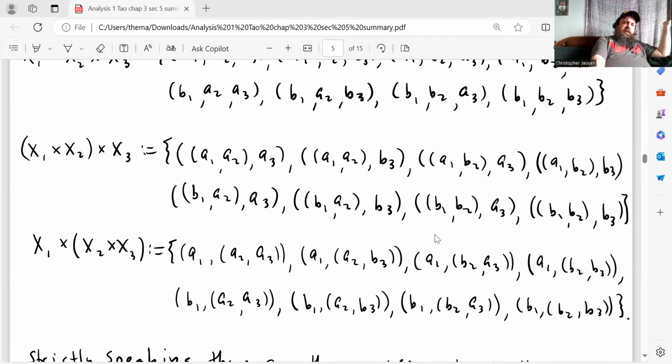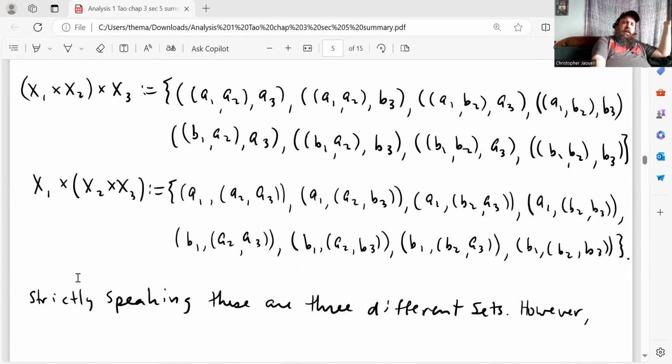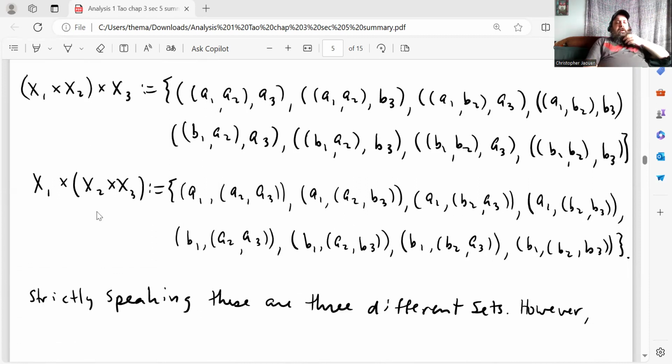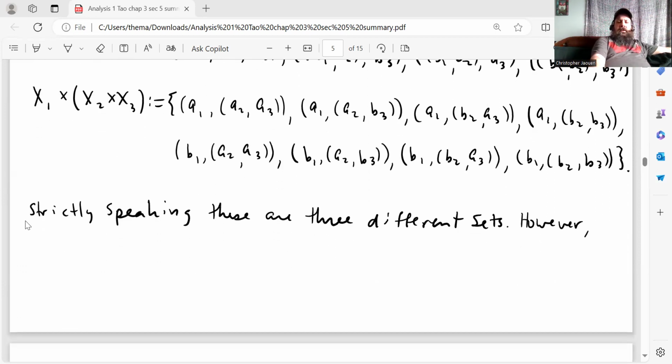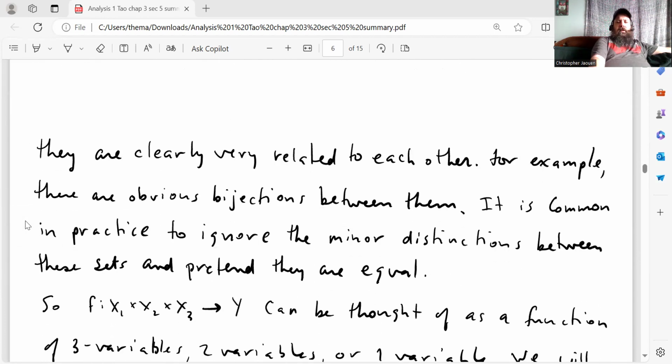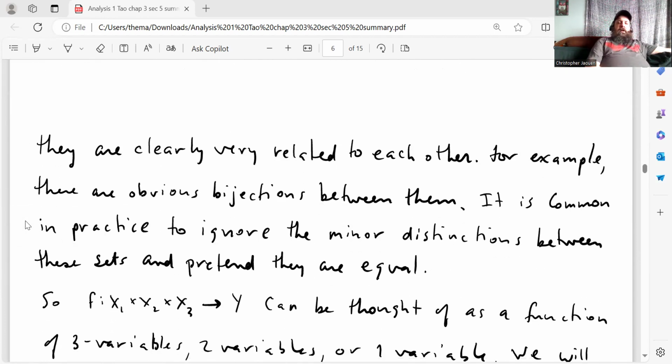We could also take the Cartesian product of X2 and X3 first, and then the Cartesian product of X1 with that, and you get this set of two-tuples, which again you could think of as three-tuples as well. He says right after the example that, strictly speaking, these are three different sets. However, they're clearly very related to each other. For example, there are obvious bijections between them, and this gives a hint as to how we could identify these sets so that there's no ambiguity.